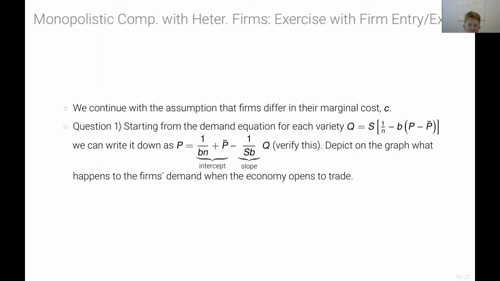Note that that doesn't depend on Q. If we plot Q along the x-axis and price along the y-axis, that will be the intercept, and then the slope is just going to be -1 over SB. And so we can depict on a graph what's going to happen to firms' demand when the economy opens to trade.